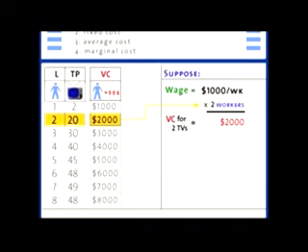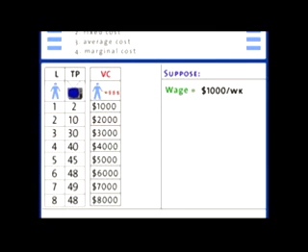All of the numbers in this column are calculated by multiplying the number of workers you need by the wage of $1,000 to get the variable cost of producing a given quantity of television sets. Now, you might ask yourself, what's it going to cost us to produce 35 television sets a week? Well, we can't say for sure because we don't have enough detailed information here to answer that question, but we know that it takes between 3 and 4 full-time workers per week to produce 35 television sets.